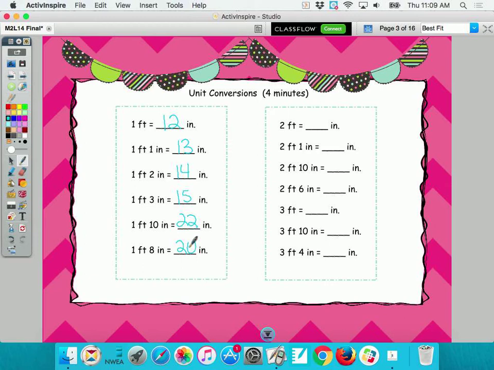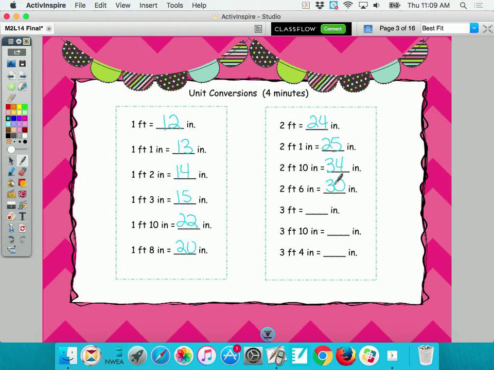Okay, let's keep going. And I need all of you to talk and think and write, not just Cooper. Okay? Oh, I'm ready. All right. Well, you better be right. I'm done. 2 feet plus is equal to how many? 24. Okay, keep going. 2 feet plus 1 inch. 25. 24 plus 10. 34. 24 plus 6. 30.